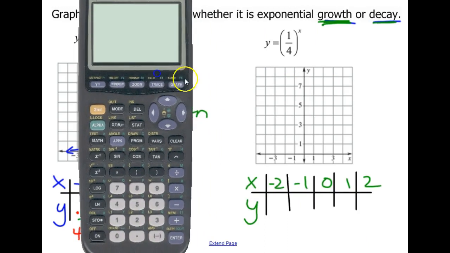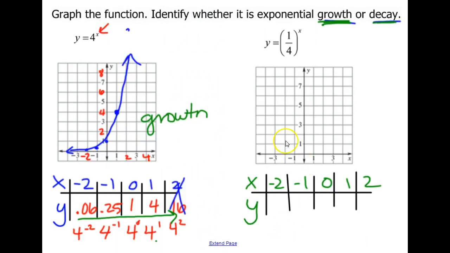So I'm going to plug these ones into my calculator as well. First, 1/4 to the power of 0 is 1/4, or as a decimal that would be 0.25. Oh, no, made a mistake. Anything to the power of 0 is 1. That's just 1. Here we go. 1/4 one time is 1/4, or 0.25.